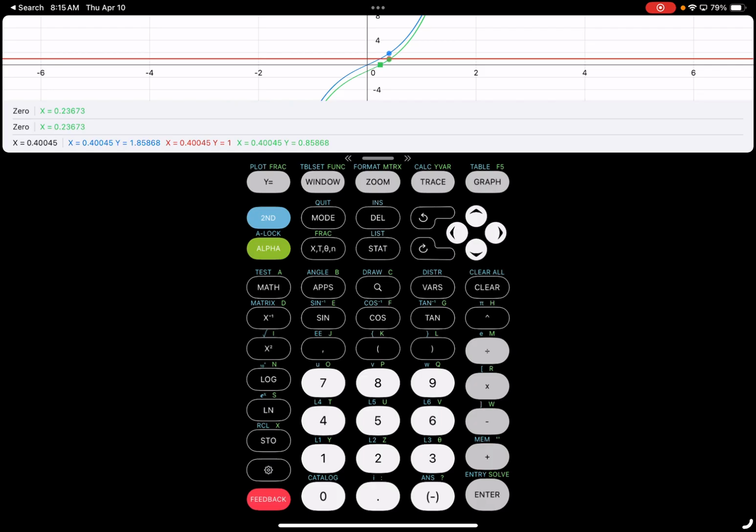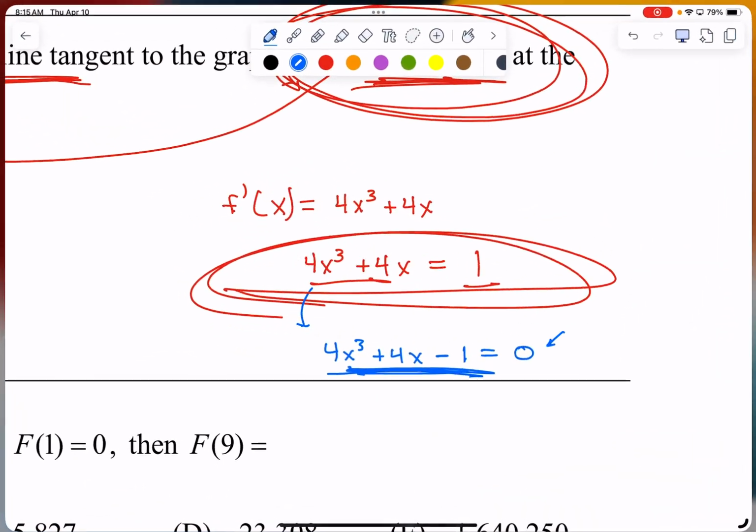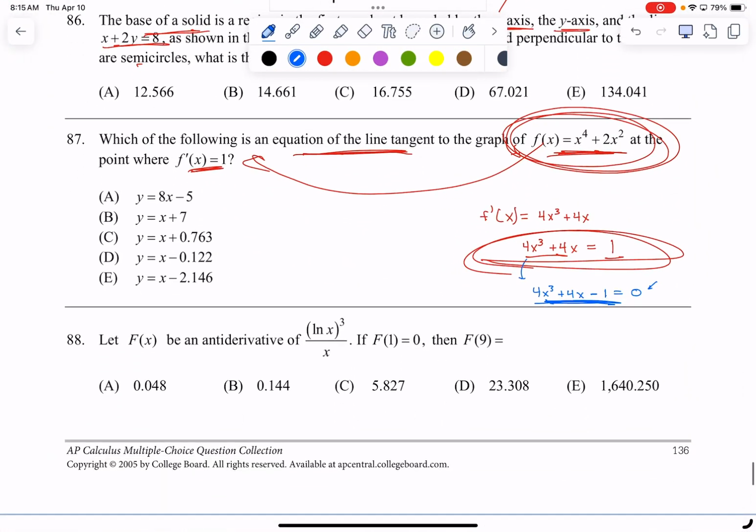I got 0.23673. Is that what you got? Yeah. So it crosses at 0.23673, and what was the y value? 1. So there's my point.